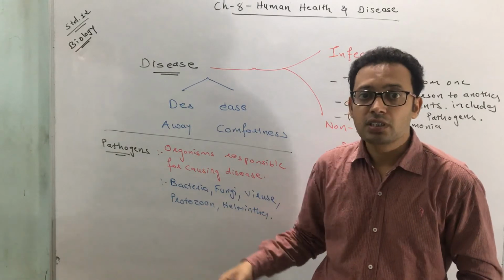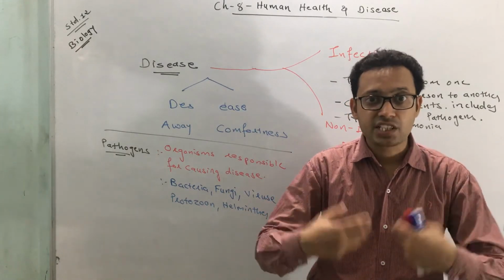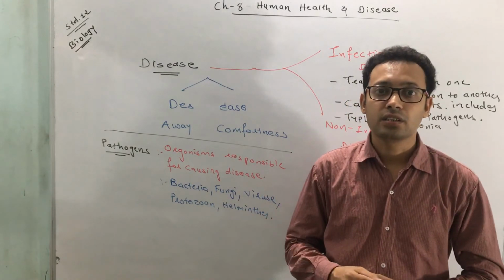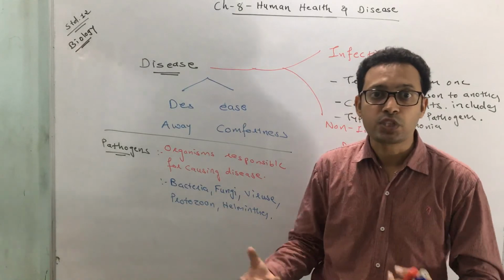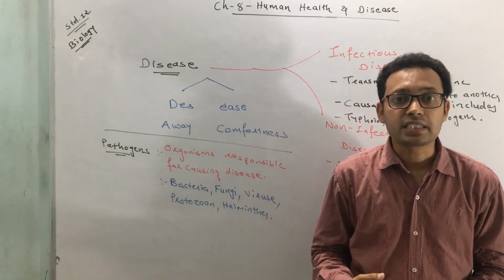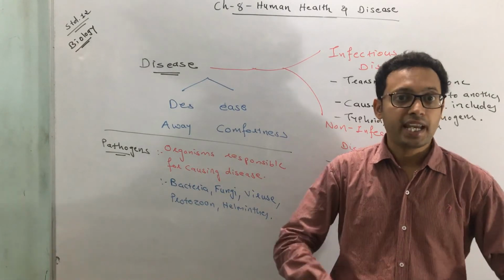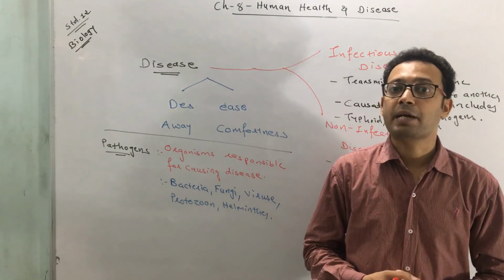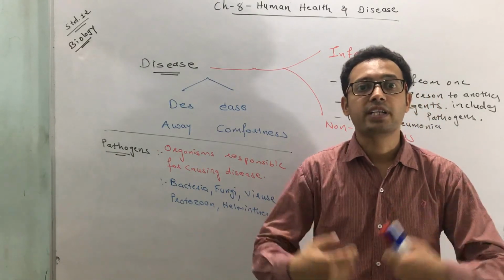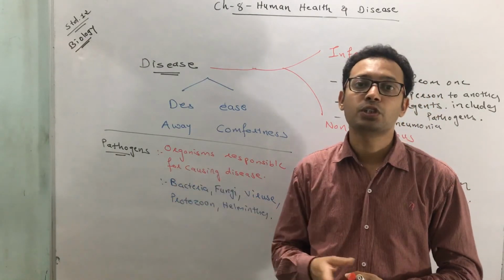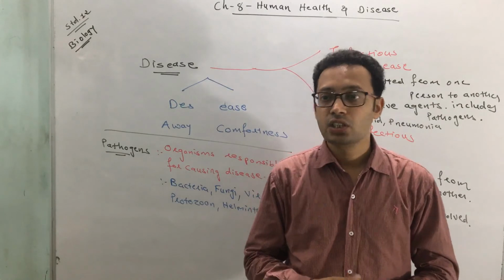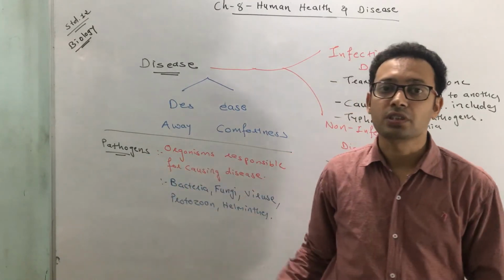But these pathogens adjust, adapt and cope with body conditions, and they have developed a capacity to survive in them, and thus they are responsible for causing a disease. So these are considered pathogens.